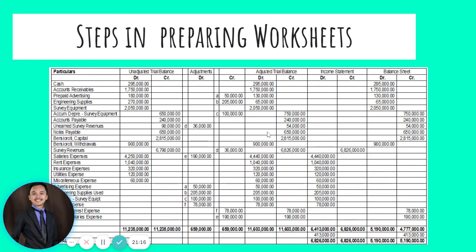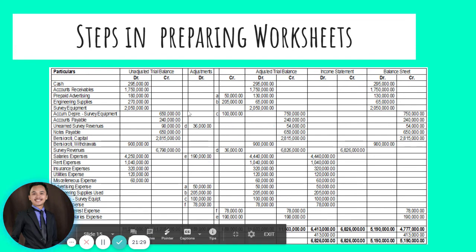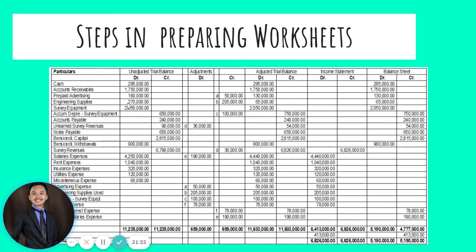So now we have completed the 10 steps of preparing your worksheets. Again, let me just reiterate the process of preparing your worksheets. First is simply copy the items that are presented in your unadjusted trial balance.